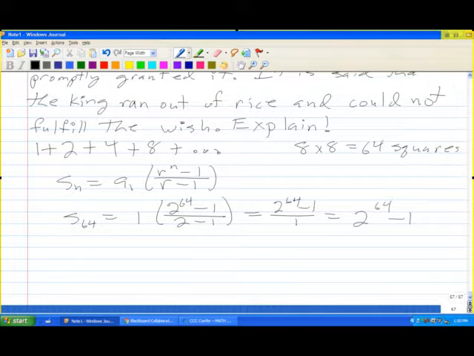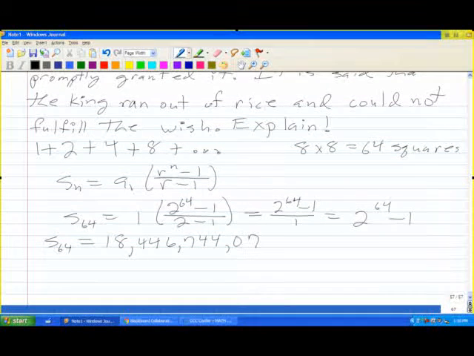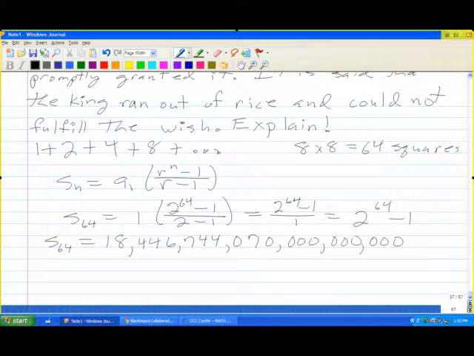And so let's figure out how much that is. Well, then I sort of ran out of calculator. Grains.